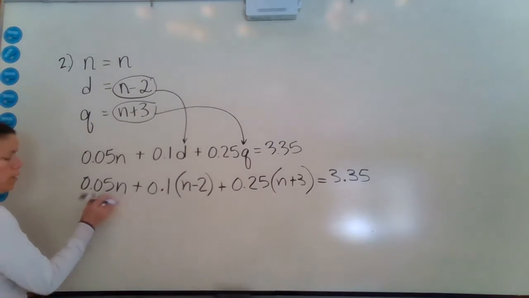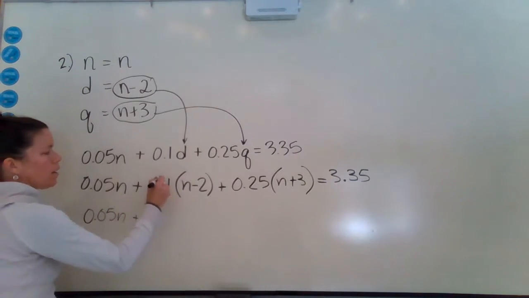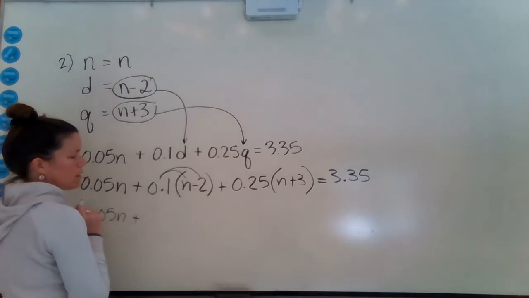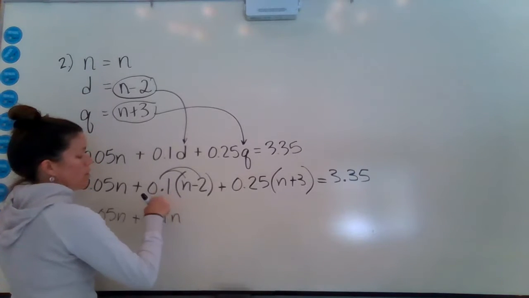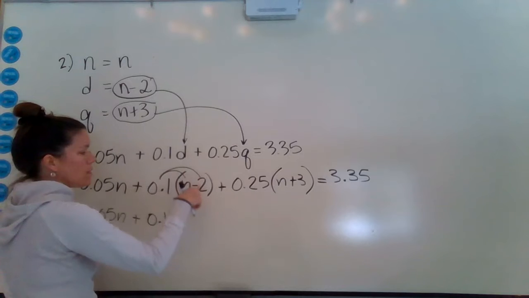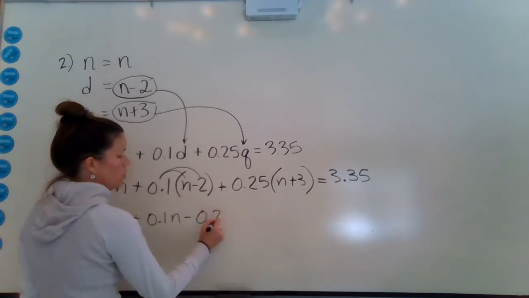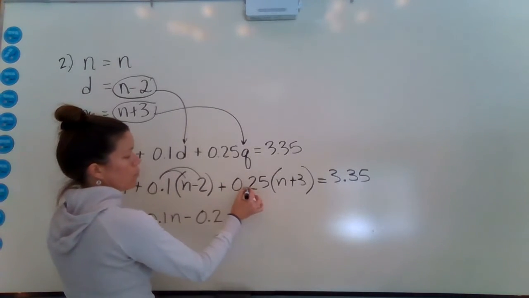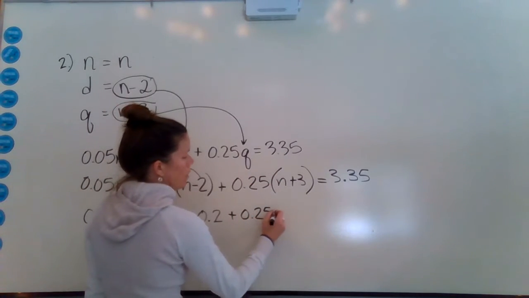I keep 0.05n, then distribute the 0.1 to the n and the negative 2: plus 0.1n, minus 0.2. Then positive 0.25 times n, so plus 0.25n.